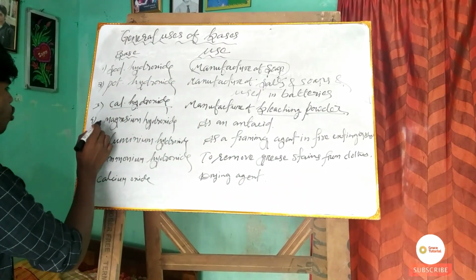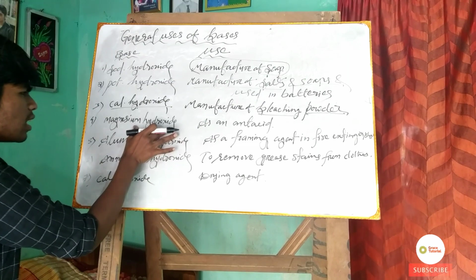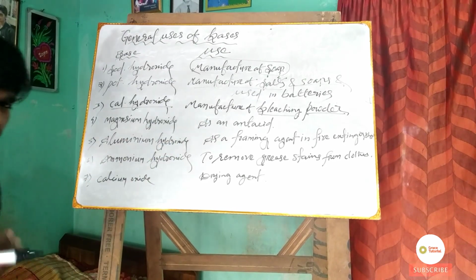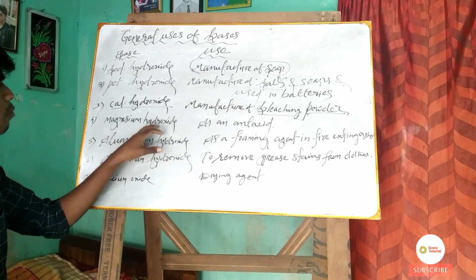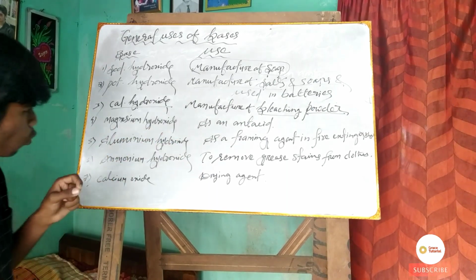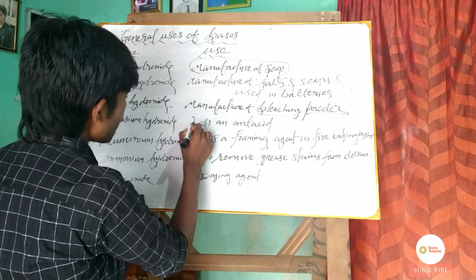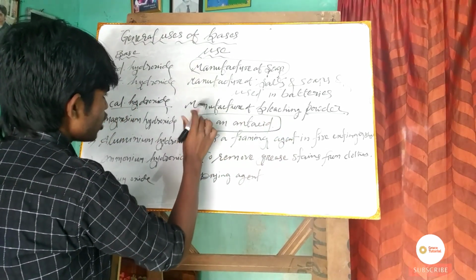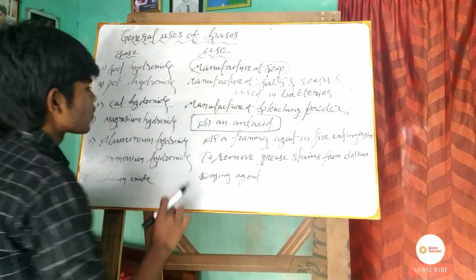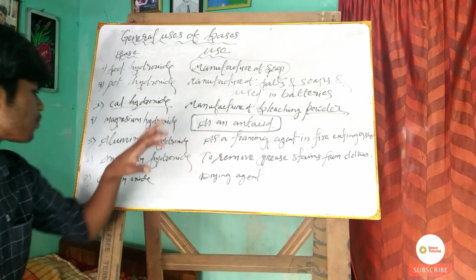Similarly, we have another use, of magnesium hydroxide. What's the formula for magnesium hydroxide? The formula for magnesium hydroxide is MgOH2. Magnesium hydroxide is used as an antacid, since it works against acid.